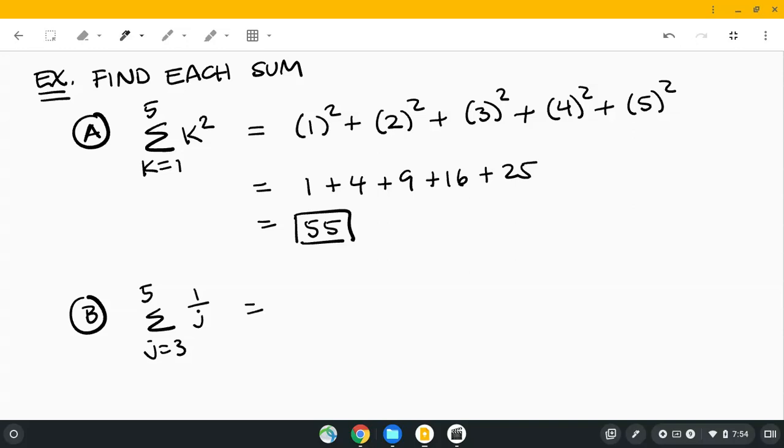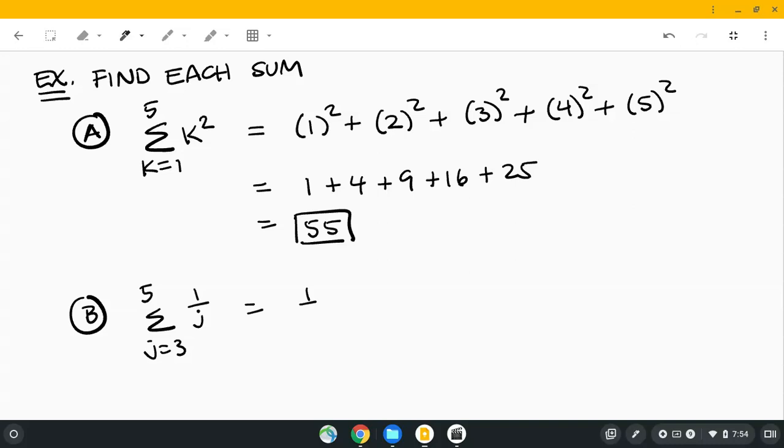We're not starting with 1, so we're not going to plug in 1. Again, this is our formula right here to find each term. We have to start with 3. So we plug in 3, and then we'll plug in 4, and we'll plug in 5, and we'll stop there because we only have to do the third term all the way up to the fifth term.